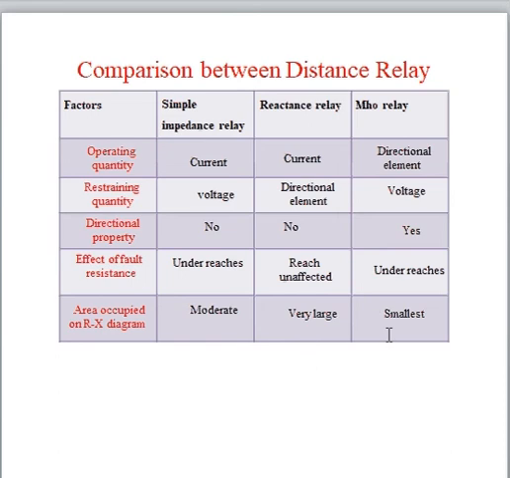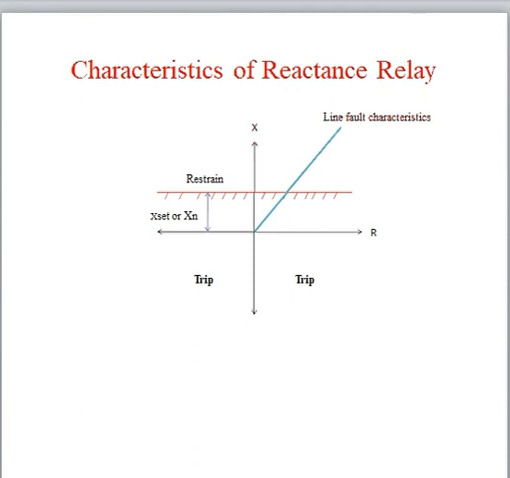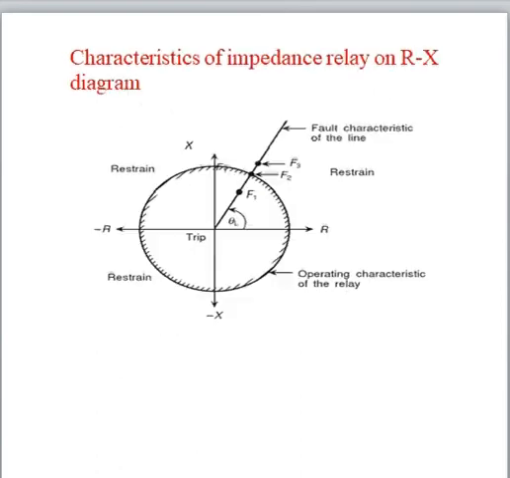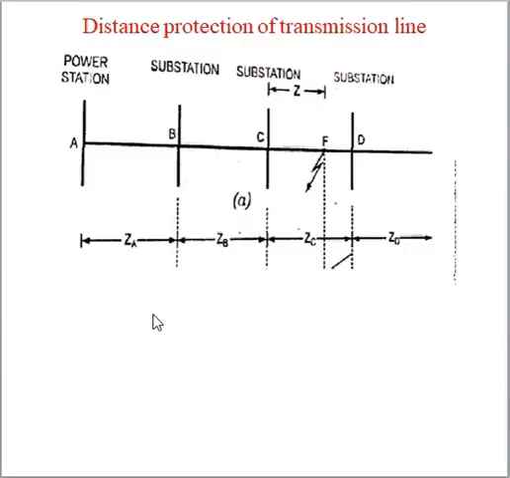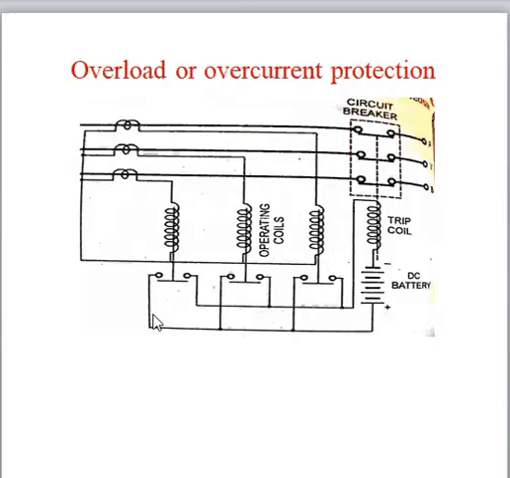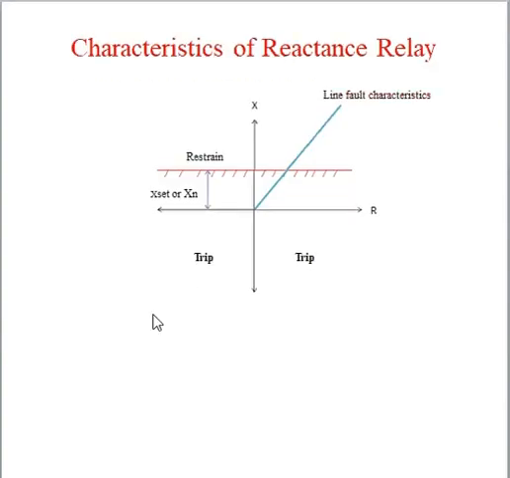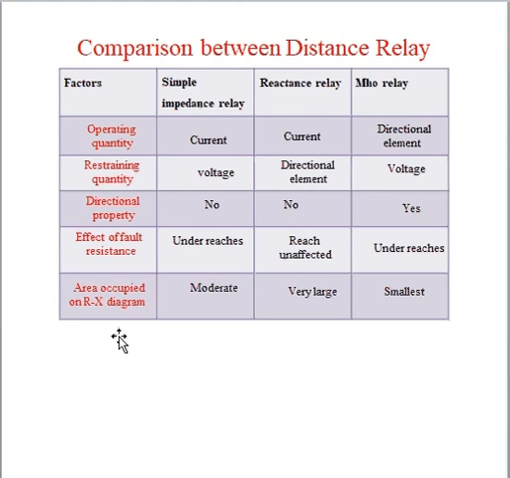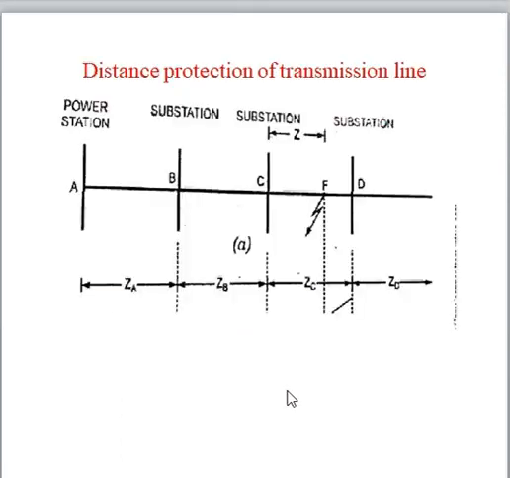In the Mho relay it is very small, and here the reactance relay's area is very large, because this is the total operating area. For the impedance relay, this is the area, and for the Mho relay, this is the area.